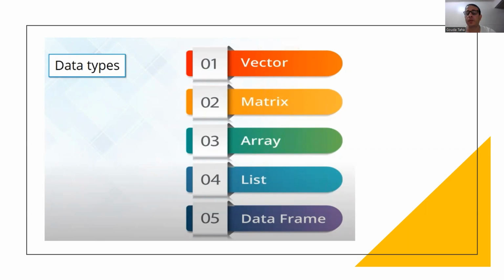In this case, we have more than one value, so we cannot use the variable which we have just mentioned. So what are the other data types that we have in R? We have vectors, matrix, array, list, and data frame.